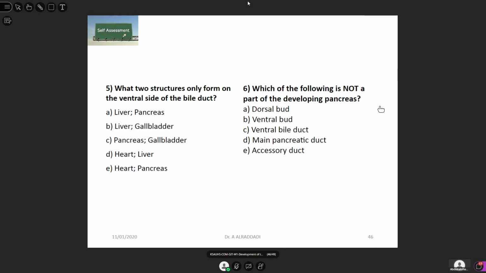Which of the following is not part of the developing pancreas? It will be C, ventral bile duct.